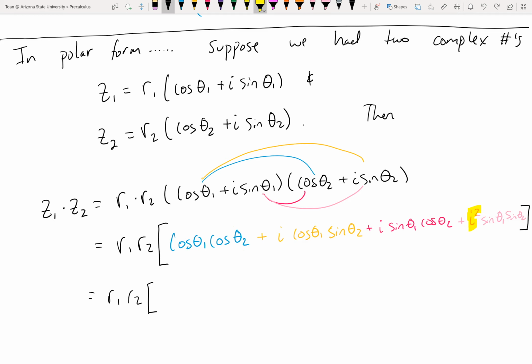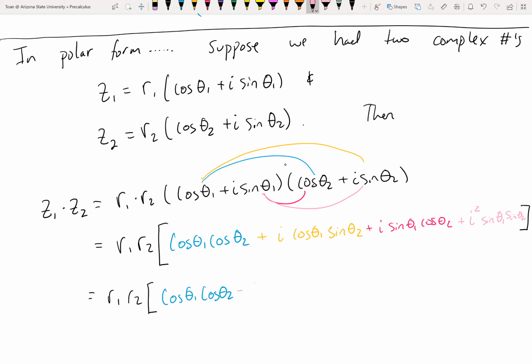So this would equal the cosine, I guess I should keep the color codes. Cosine theta sub 1, cosine theta sub 2, and then it turns from a plus to a minus because of the I squared here.